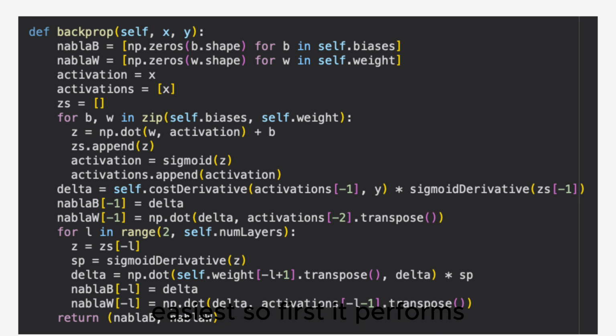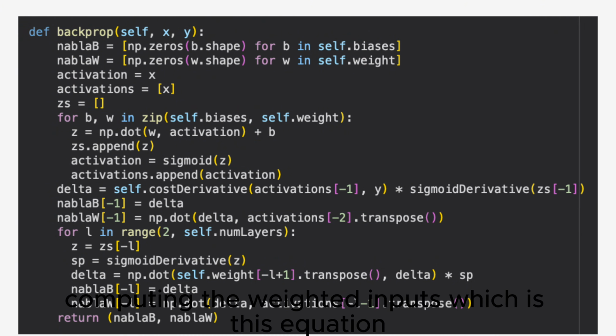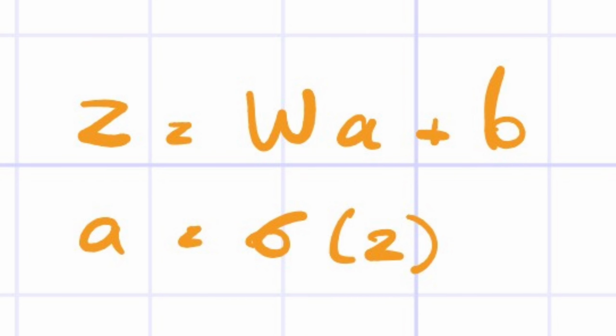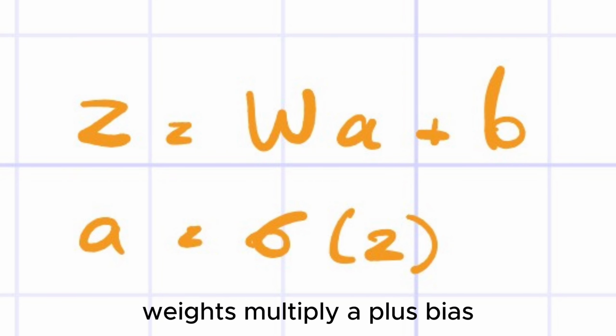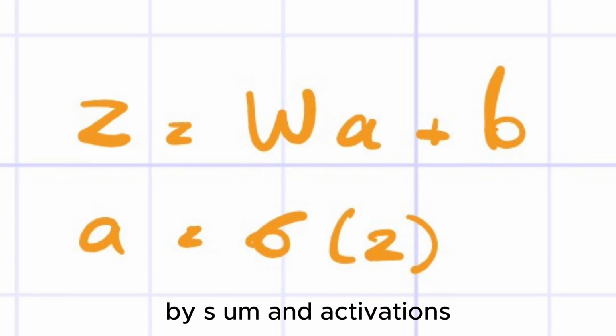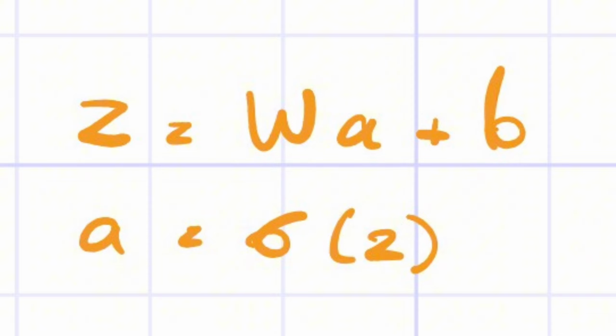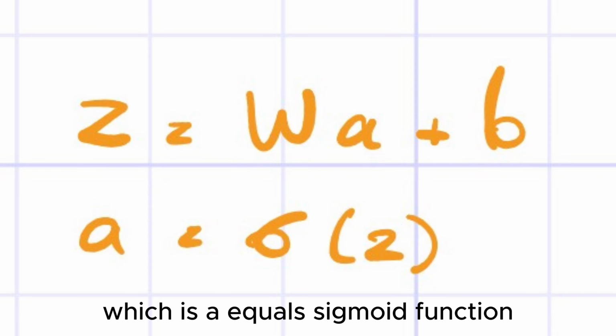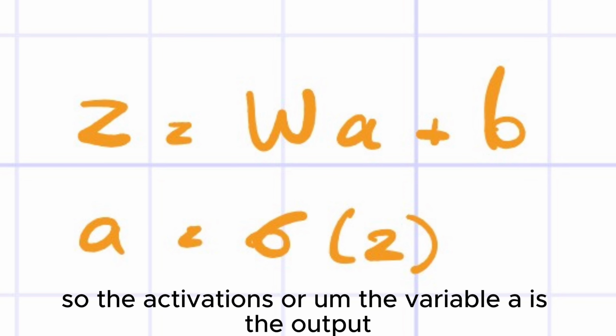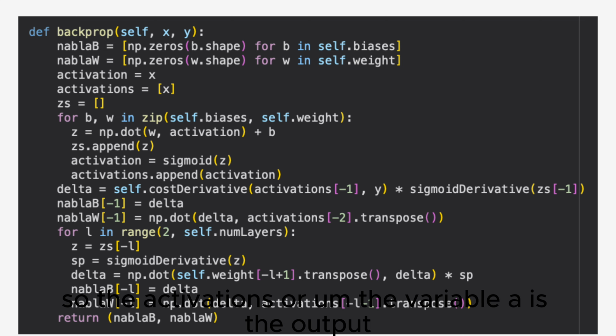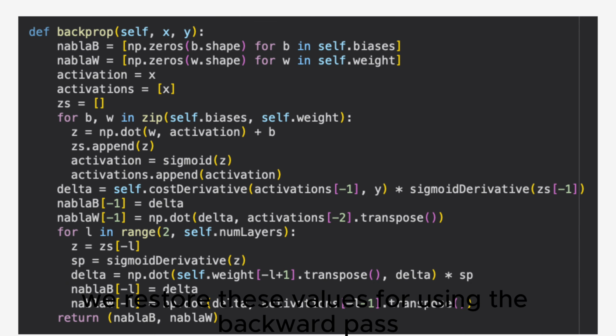So, first, it performs a forward pass through all layers, computing the weighted inputs, which is this equation: z equals weights multiply a plus bias, and activations, which is a equals sigmoid function. So the activations, or the variable a, is the output. We store these values for using in the backward pass.